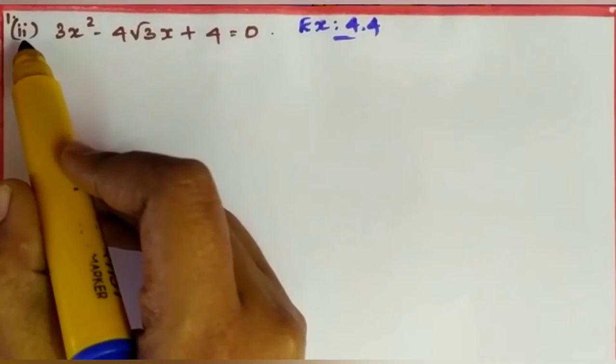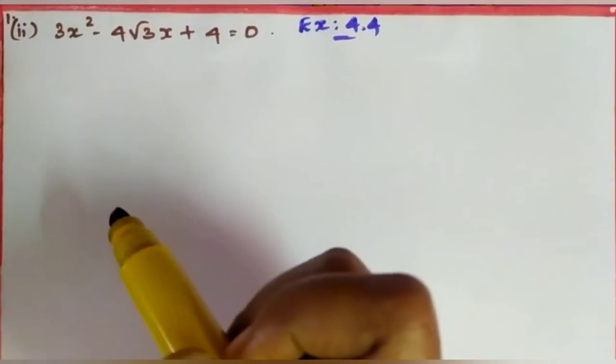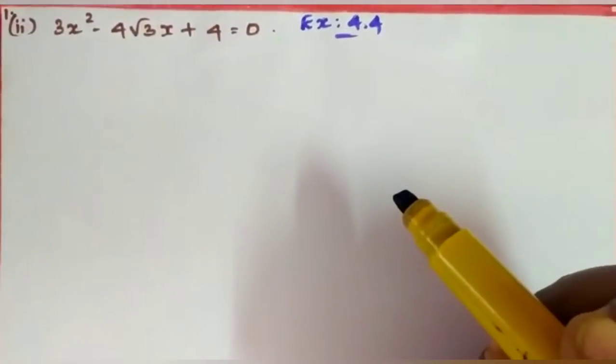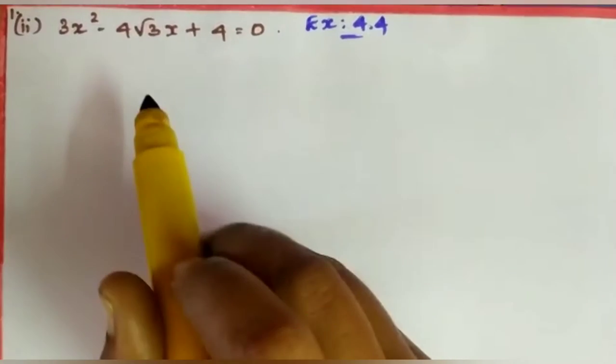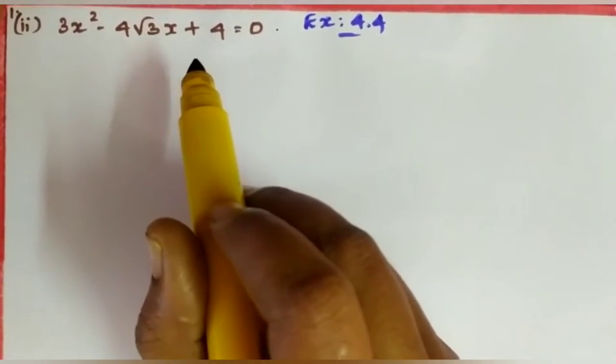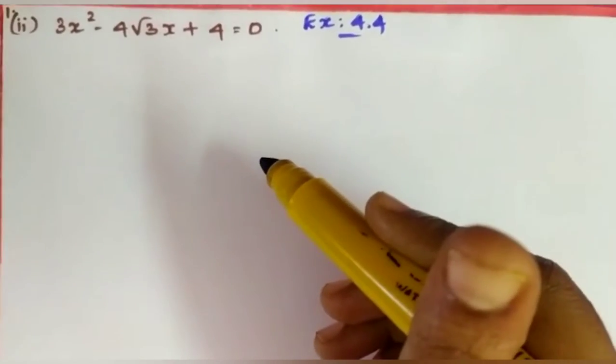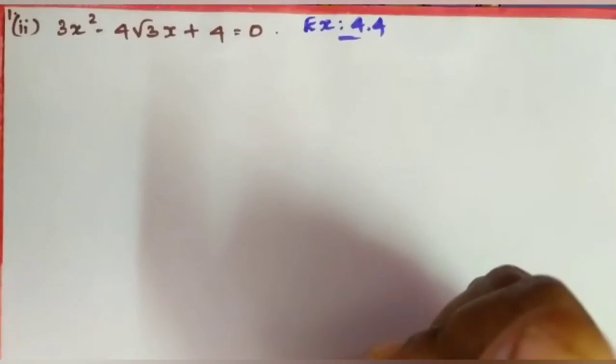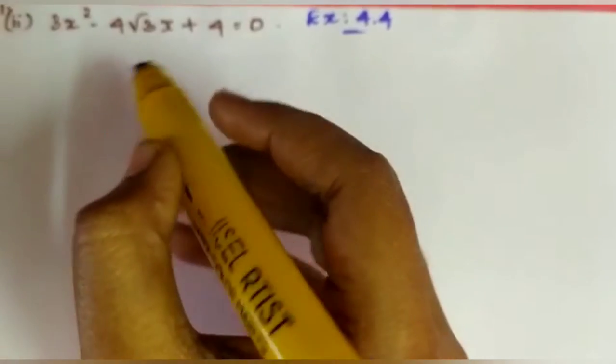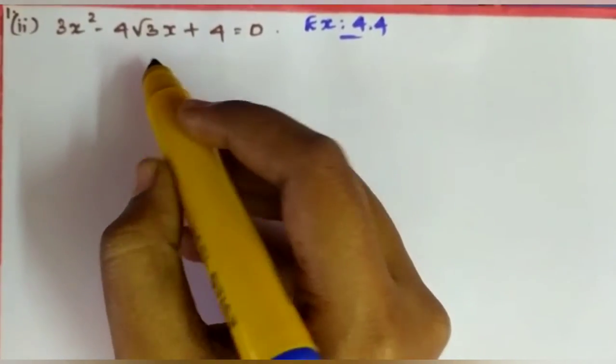Next, the second subdivision problem in the first sum, exercise 4.1. Here also you have to find the nature of the roots. If they exist, you have to find the value of x. Clear, students? First we have to find the discriminant.